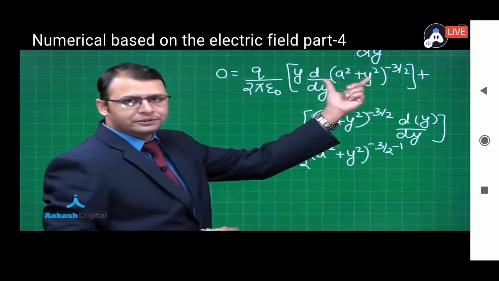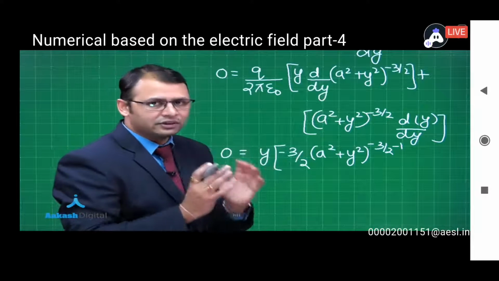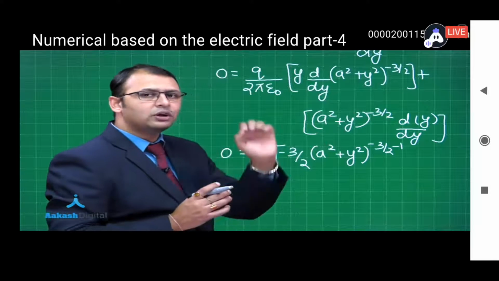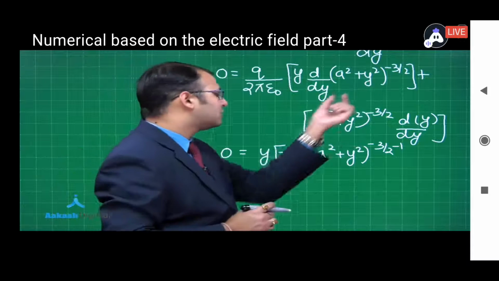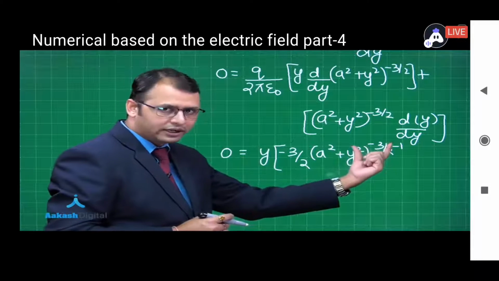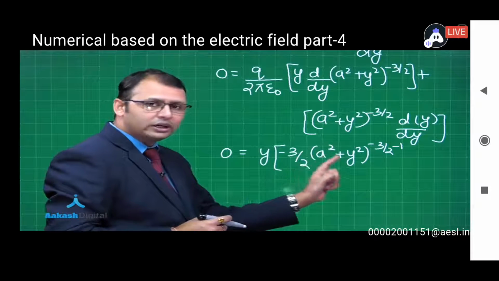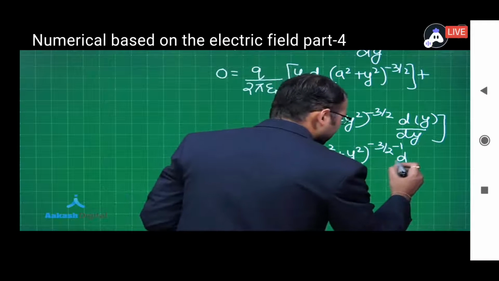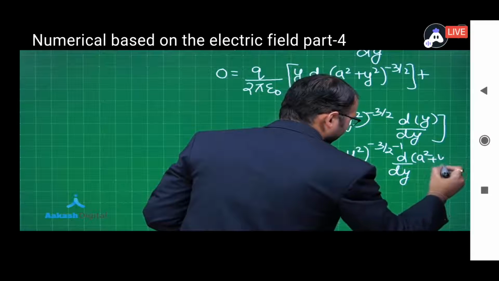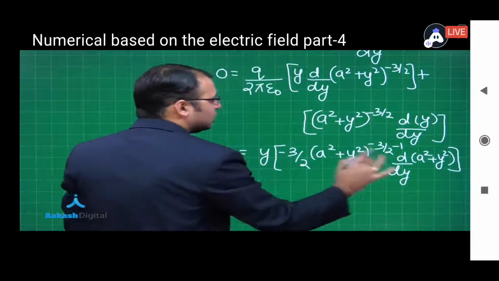This is a complex function. On differentiation, I'll have to treat it as a function, and this function is raised to some power. So on differentiating it, this power will come in front, then the function, then the n minus 1 term, right? Since it's a complex function, that is, the variable is included here, I'll again differentiate this function with respect to y. I hope you remember this one. So this part of the differential is over.